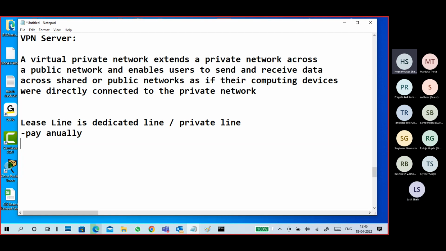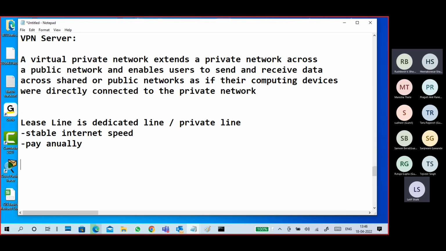Okay. It is stable internet speed. Stable speed is there. For example, you take a normal broadband.